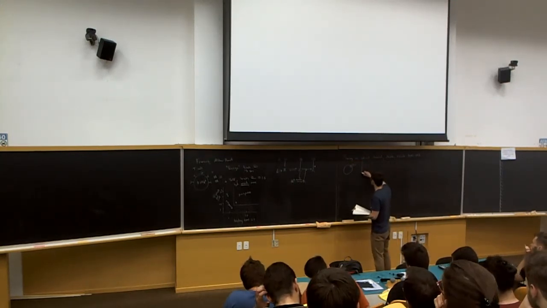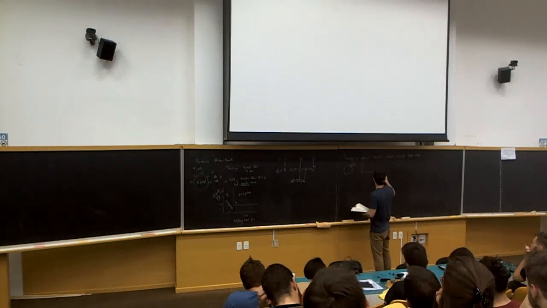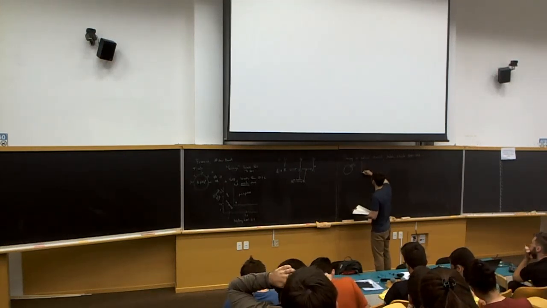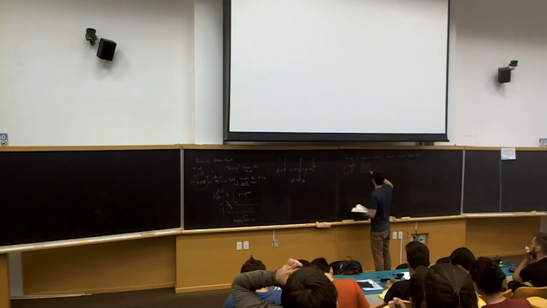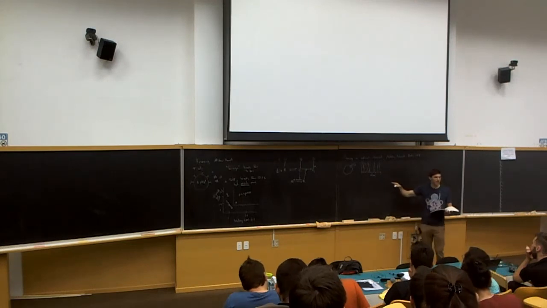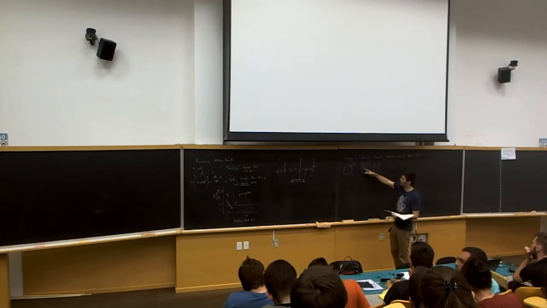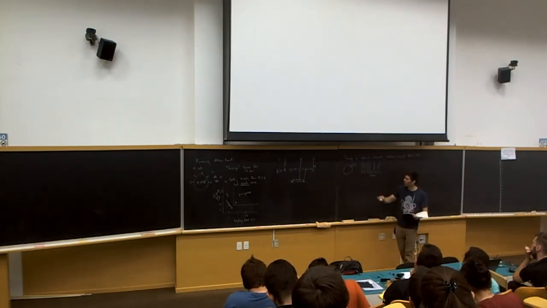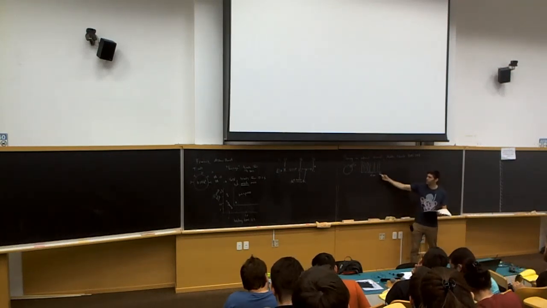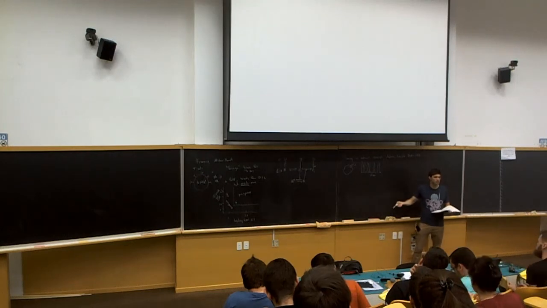So an actual individual receptor, this is a silly graph, but this is time versus bound, unbound. You get a sort of telegraph noise of binding and unbinding, and you get to observe this process for some amount of time, and you want to then, from that time series, infer the concentration of the chemical.